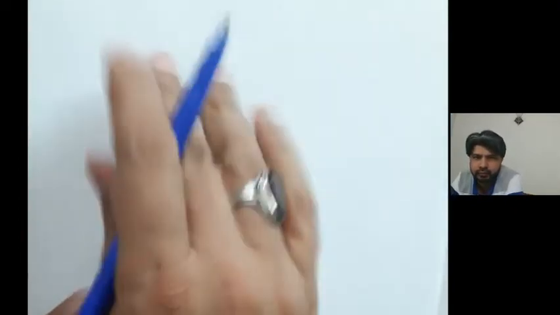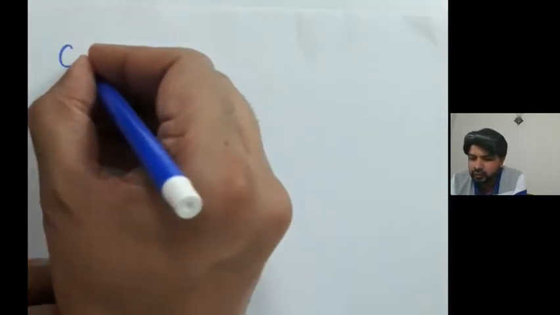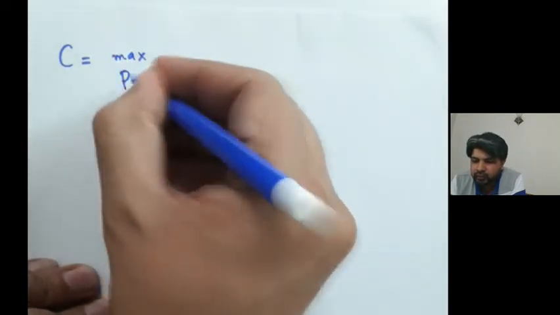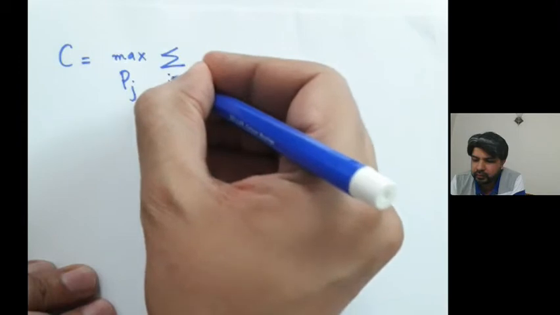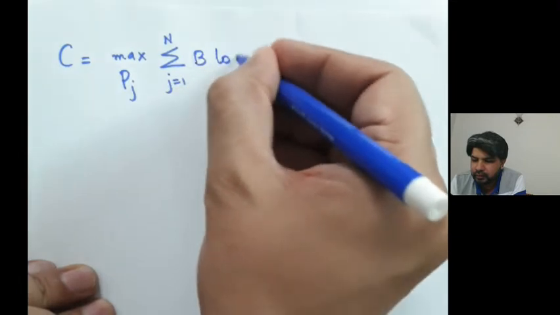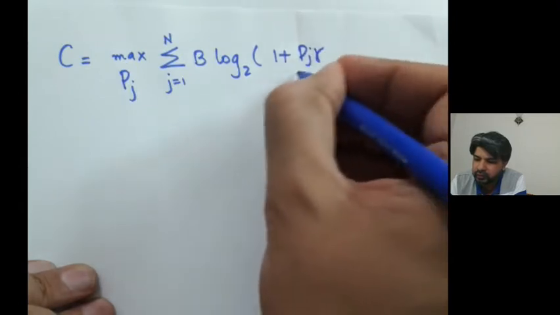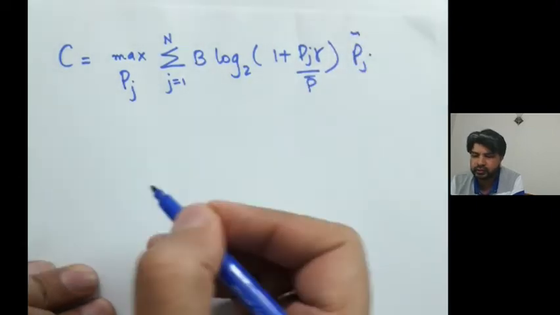So the maximum capacity C would be equal to the maximum over the power that you can transmit of the summation, j equals 1 to N, of B log base 2 of 1 plus the signal to noise ratio, which you have defined like this, times the probability that you are in the jth state.